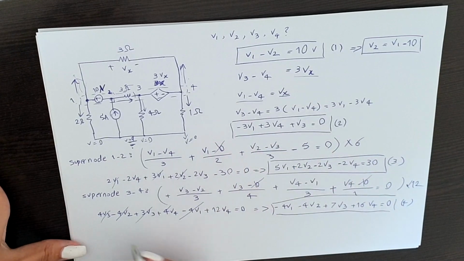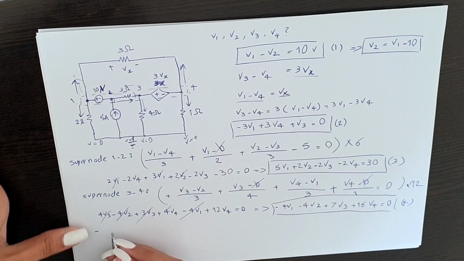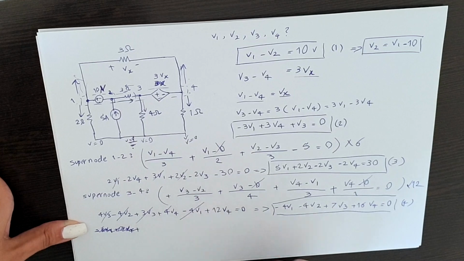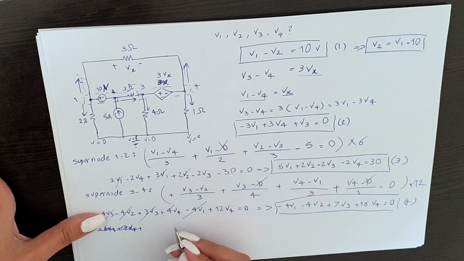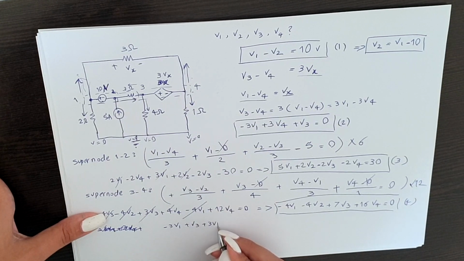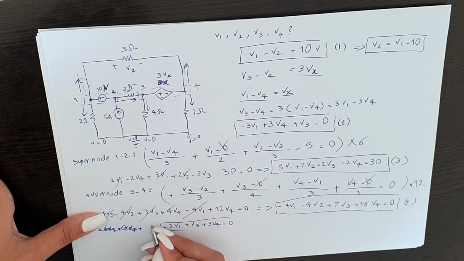Here we don't even have a v2, so I'm just going to write the same thing. I want to write them as v1, v3, v4, so we won't be confused. Minus 3v1 plus v3 plus 3v4 is equal to 0, our first equation.